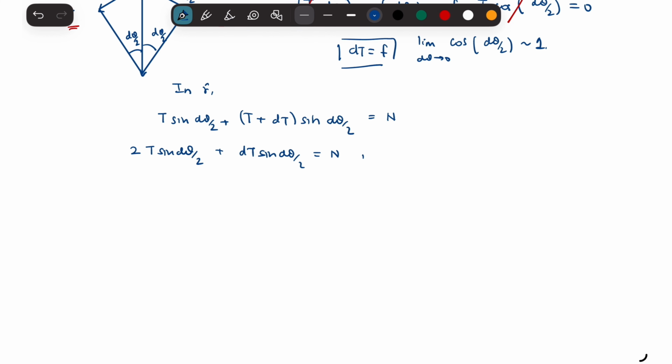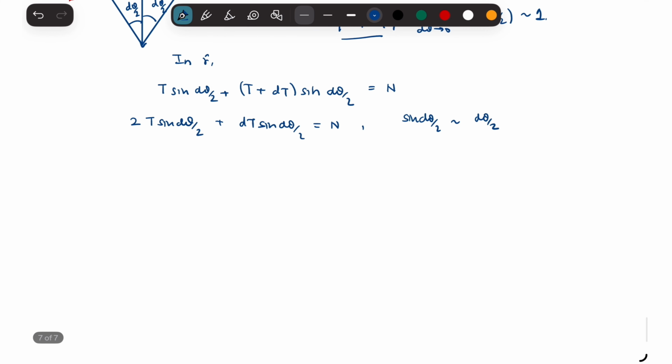Now sine d theta by 2 is roughly equal to d theta by 2, we can show that using Taylor expansion. So this implies T d theta plus dT d theta by 2 equal to normal.